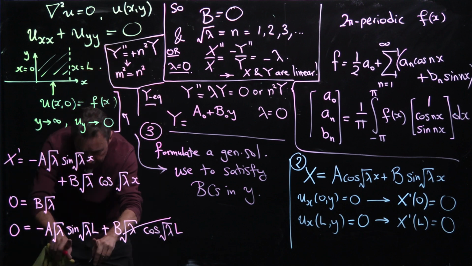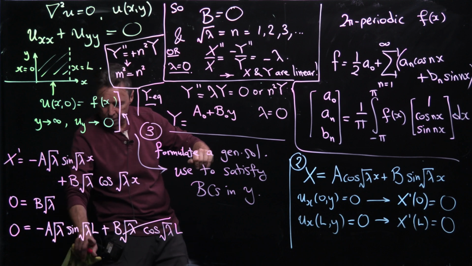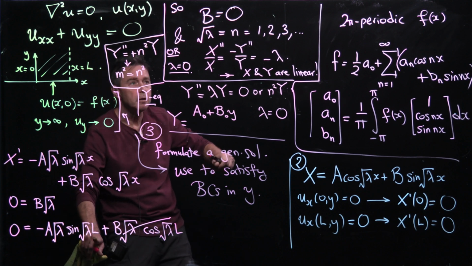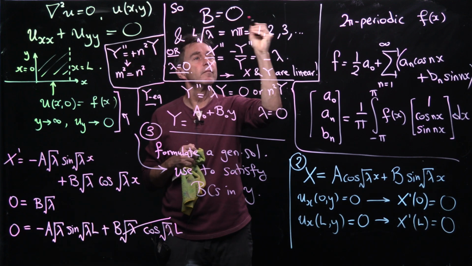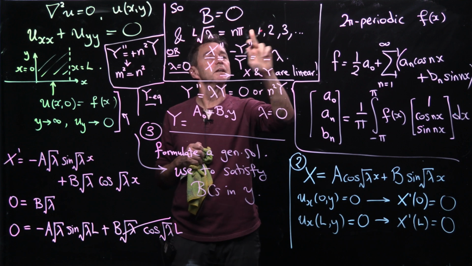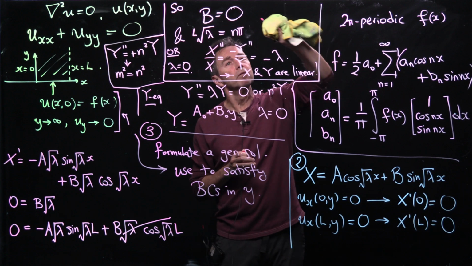Okay, when I solve this equation, I should have had lambda times L equal to n pi in order to get the sine function to vanish, because I'm no longer on the interval 0 to pi.